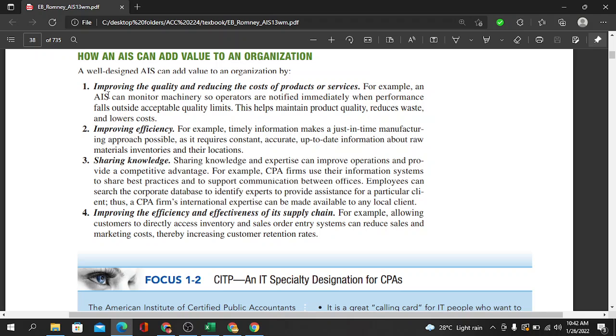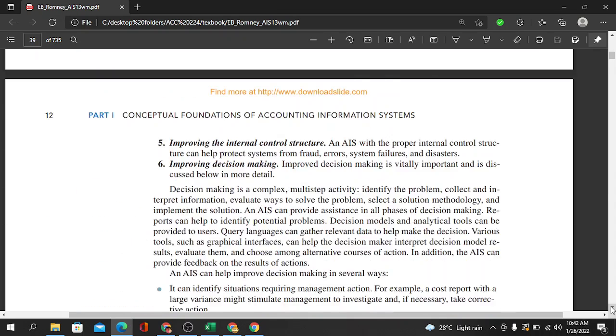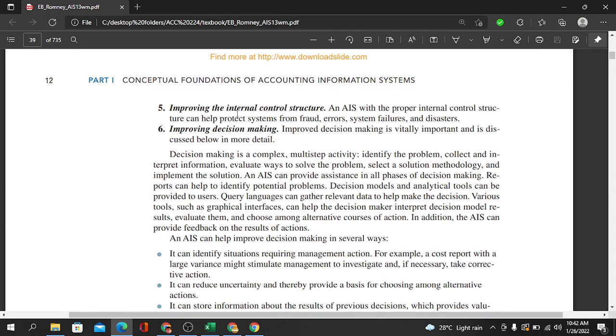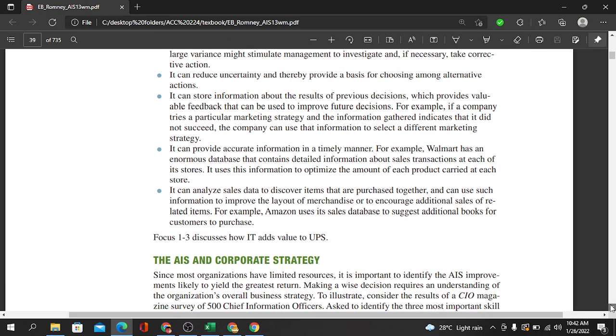So a well-designed AIS can add value by improving the quality, reduce the cost of products or services, improve efficiency. Of course, there is sharing of knowledge and improving the efficiency and effectiveness in your supply chain, improve the internal control structure, and improve decision making. So, yun, no? So, maganda kung well-designed ang AIS natin.